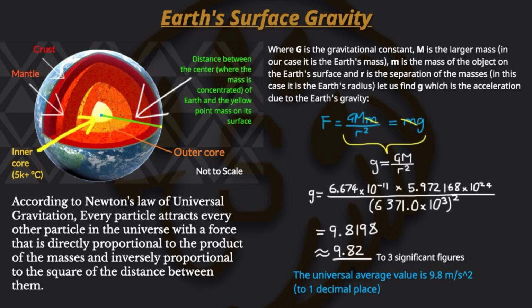So we are saying the force is the same: the force we calculate using Newton's law of universal gravitation and the force we calculate using Newton's second law of motion. Hence we equate both expressions, the mg and the GMm over r squared. And then we rearrange everything and we get our g, which is equal to GM over r squared.